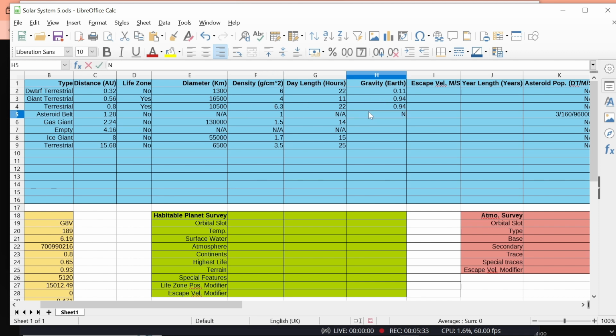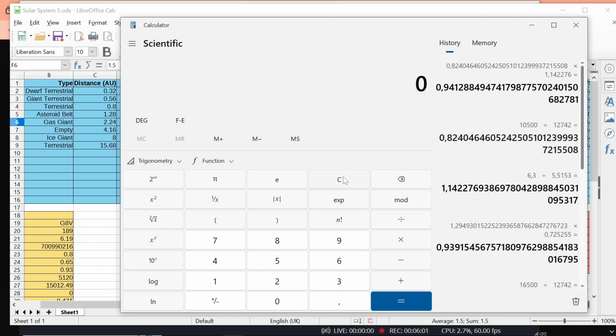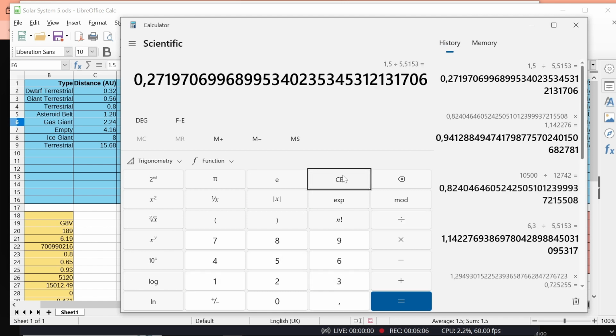Asteroid belts, we don't need to do that. You could figure out the gravity of any small dwarfs within your asteroid belt if you've rolled for their diameter and density. I haven't. I don't want to. We'll move on to the gas giant, which has a diameter of 130,000 and a density of 1.5. So we'll start with the density. 1.5 divided by 5.5153 equals 0.2719.